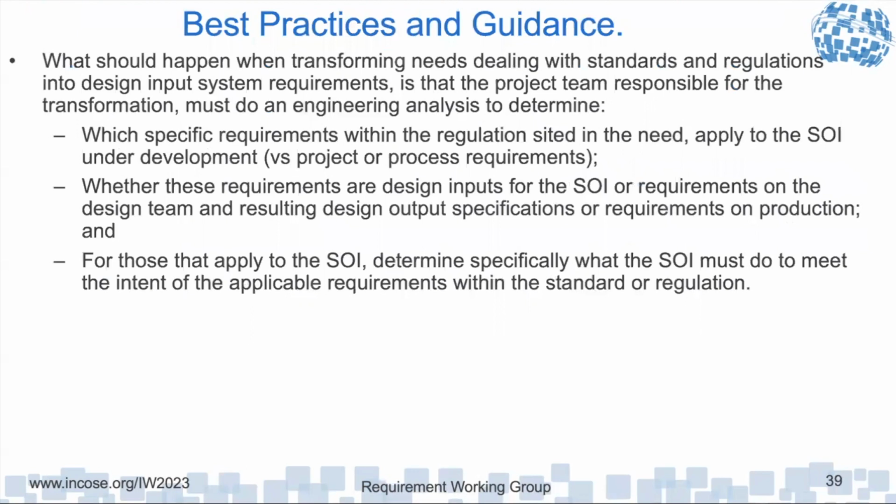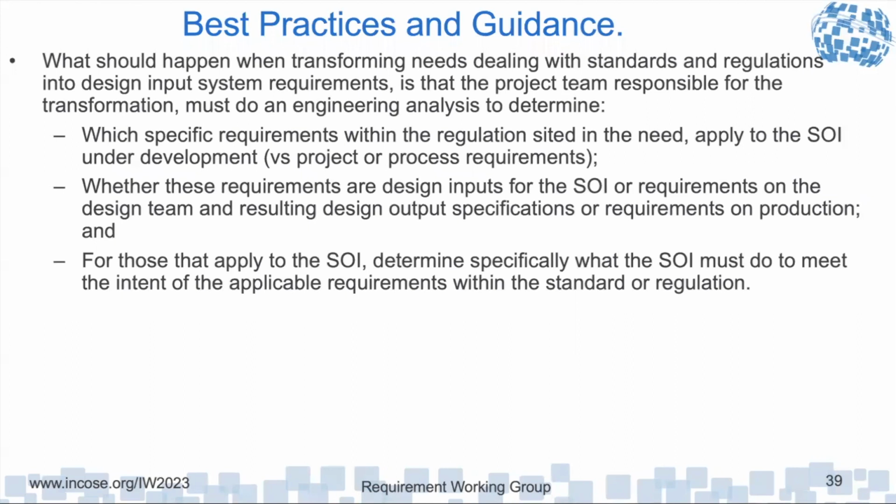So what should happen when transforming needs that deal with standards and regulations into design input requirements? The project team responsible for this transformation must do the engineering analysis to determine which specific requirements within the regulations cited in the need apply to the system of interest under development, versus the project or process requirements, whether those are design inputs on the design team and resulting design output specifications, or requirements on production.